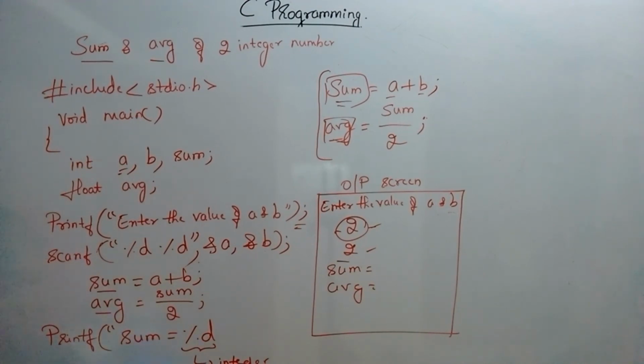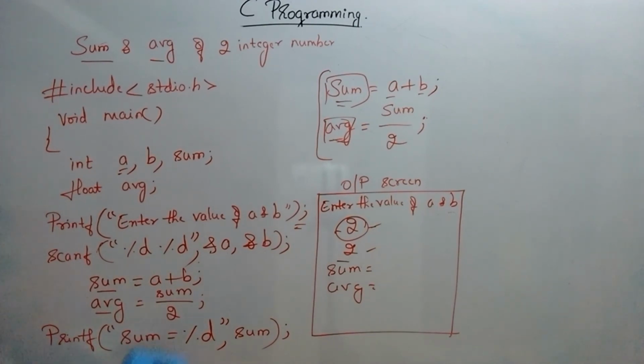Fine. Right, I am going to close the double quotes, comma. Where will that answer be stored? It will be stored in sum, right? So I am going to close this parenthesis and end this statement. So this is for sum.